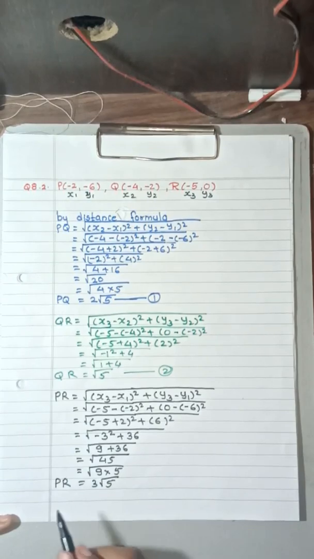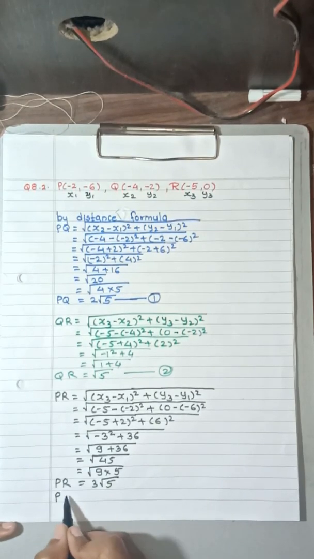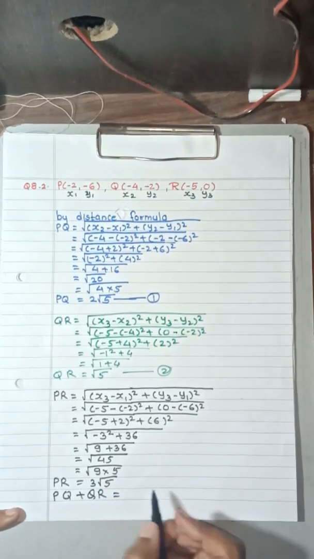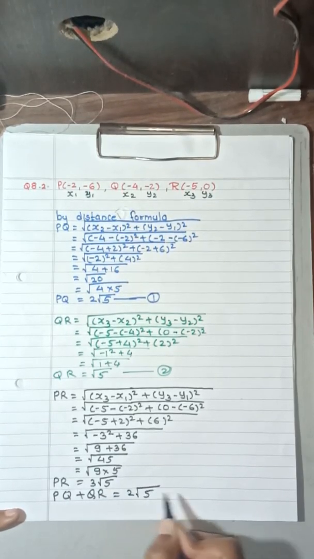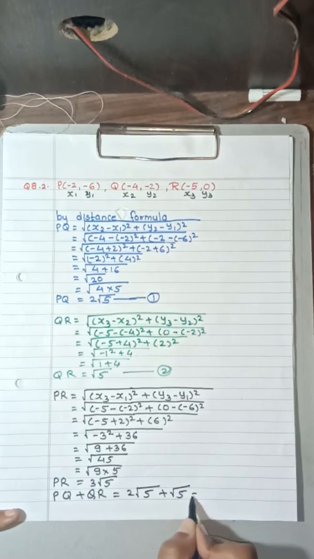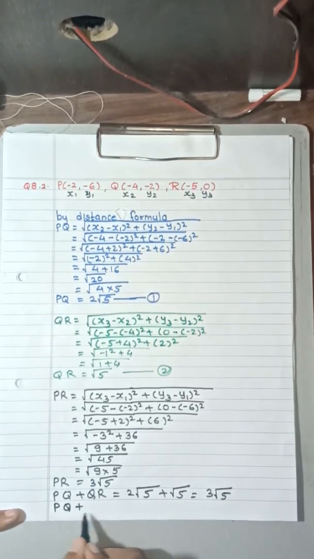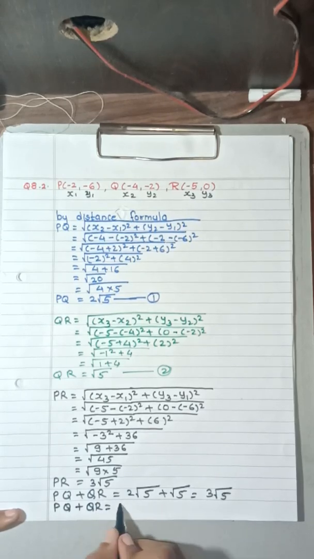Okay, now children, if you add PQ plus QR, what you will get? You will get 2 root 5 plus root 5, that is equal to 3 root 5. That is nothing but PQ plus QR is equal to PR.